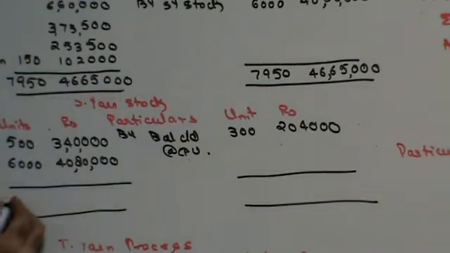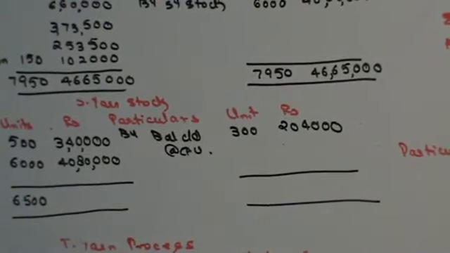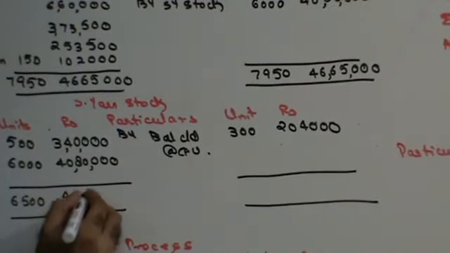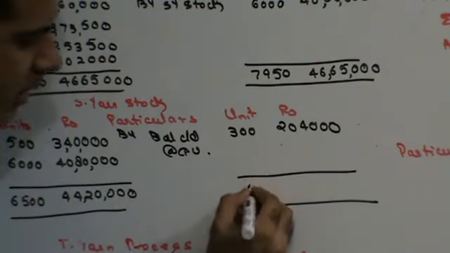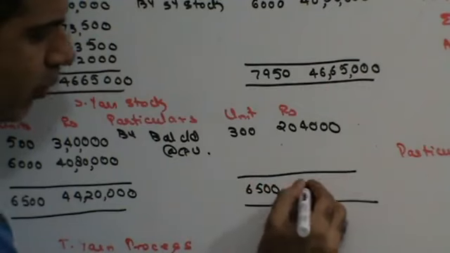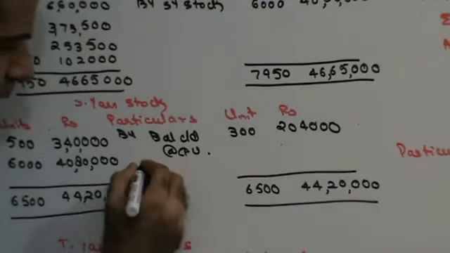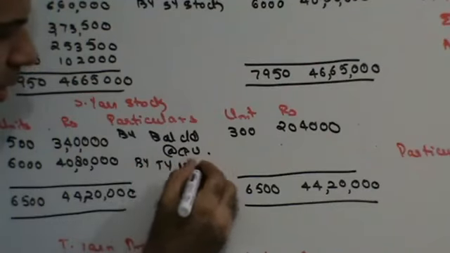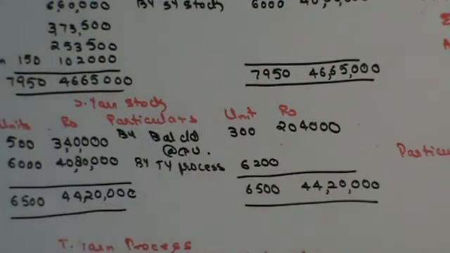If you tally this, this is going to be 6,500, 44,20,000. Right? This difference is going to be called as TY process. TY process is 6,200 and this is 42,16,000.